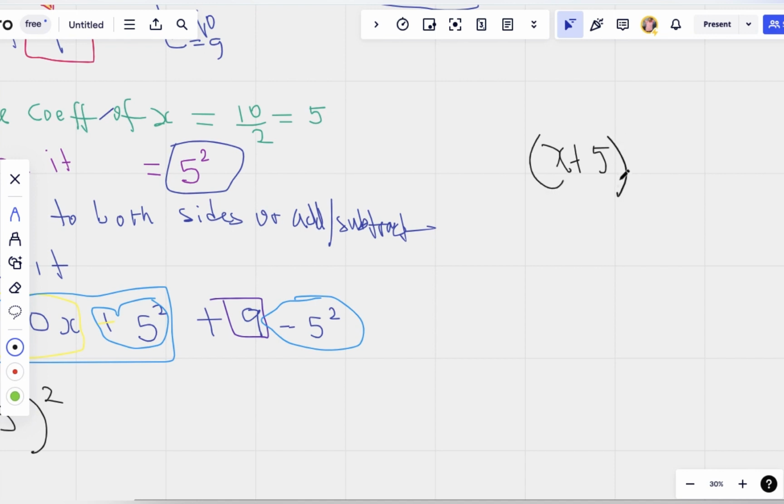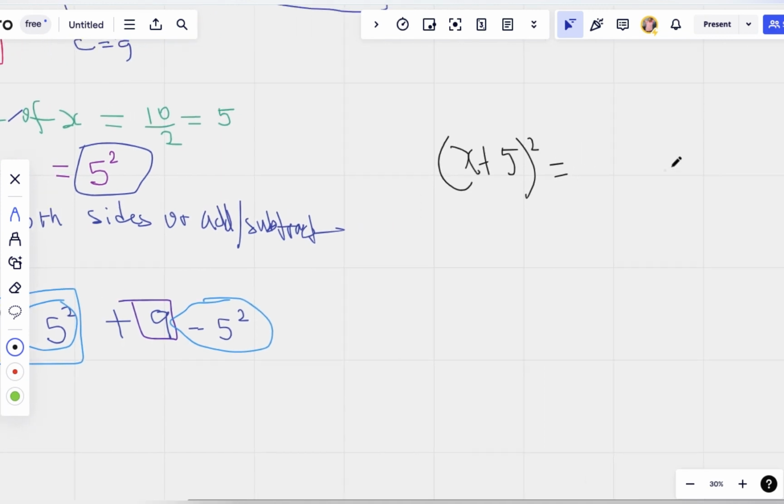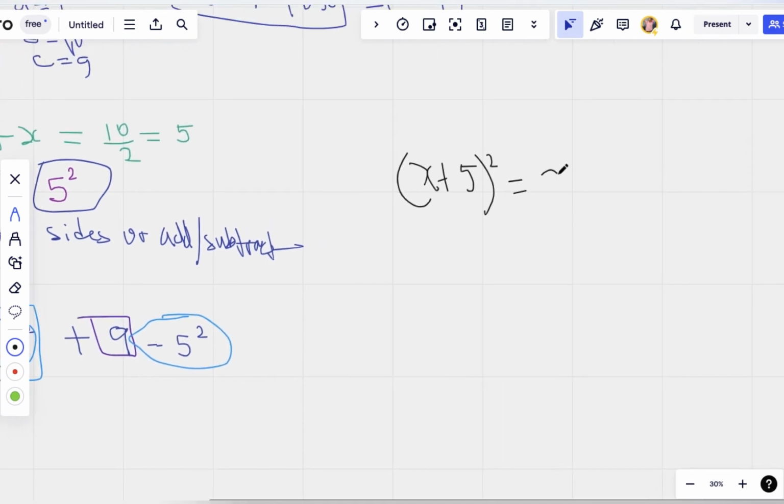It means you have x plus 5 in one bracket and another x plus 5 in another bracket. Square means twice, so when you square it, you have to write it twice.